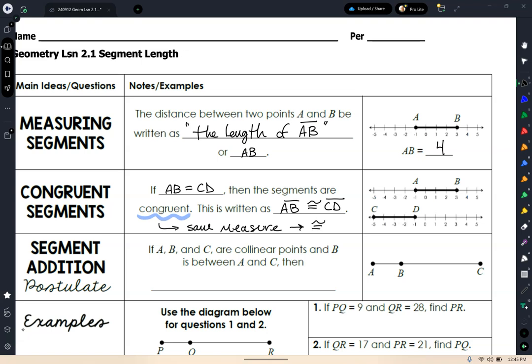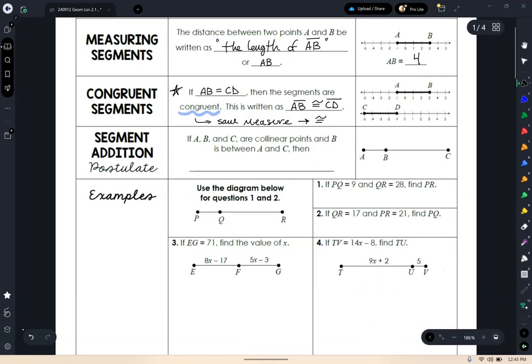This is our congruent symbol. It's an equal sign with a little squiggle on top of it. This is used to say two figures are exactly the same, while the equal sign is used to say two values are equal to each other. So let's clarify that a little bit. Let's put a little star here and swoop an arrow down into this space on our notes.